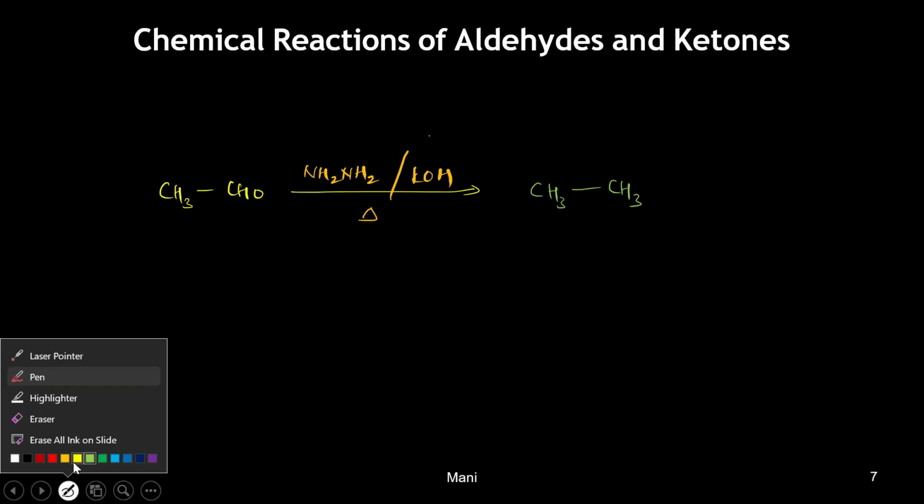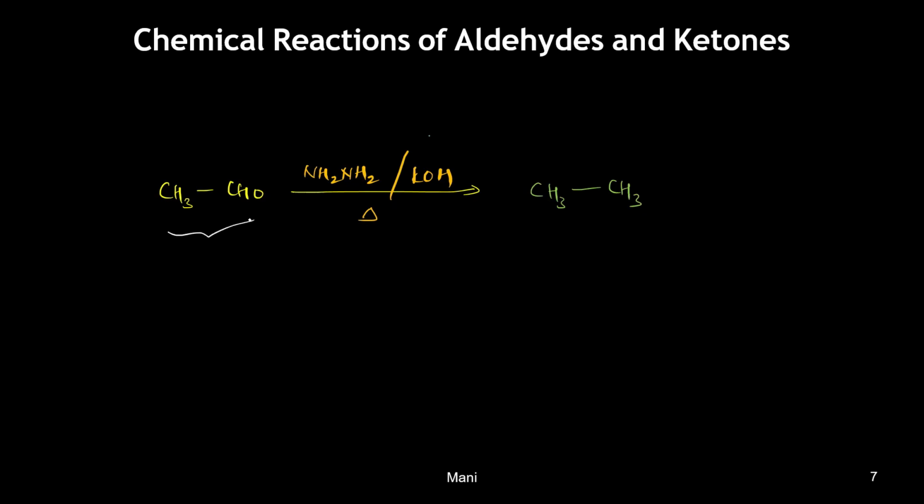What is this compound CH3CHO called? Aldehyde or ketone? Aldehyde. So what do we call it? Ethanal, or you can also call it acetaldehyde. That will give ethane.